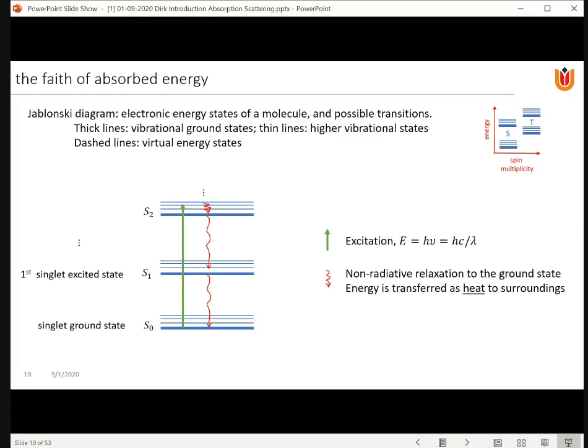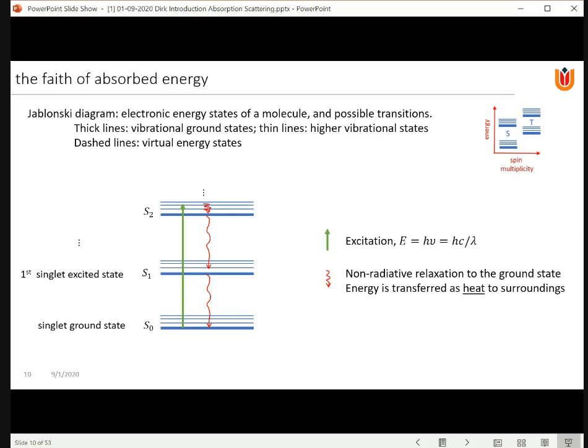The thick lines in here are the vibrational ground states, S0, S1, S2, and the thin lines slightly above are higher vibrational states of these. Not in this cartoon, but we can also have dashed lines, so-called virtual energy levels, that do not correspond to a specific configuration of the molecule.